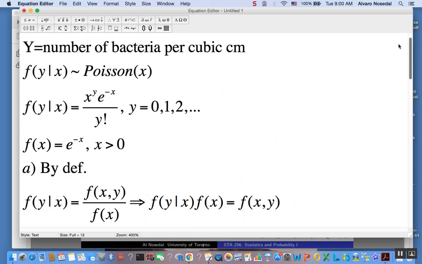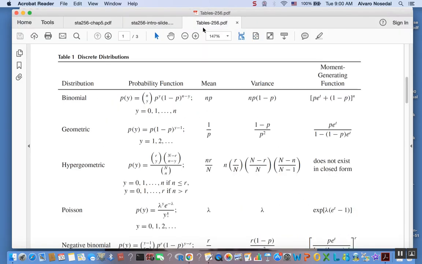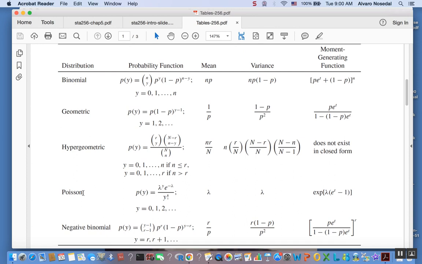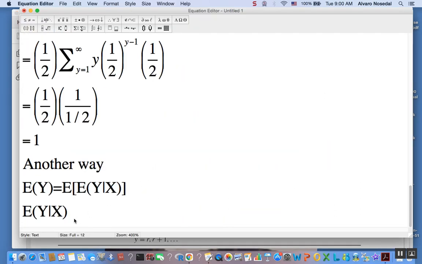Since y given x is a Poisson with parameter x, we can check our table. Poisson with parameter lambda, mean lambda. So a Poisson with parameter x, mean must be x, right? X, right?